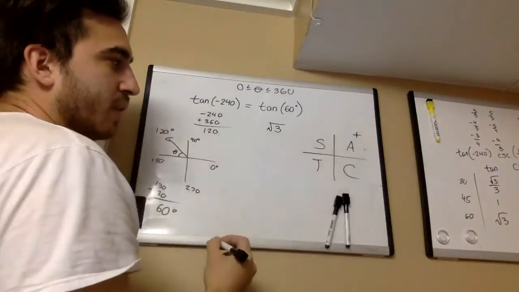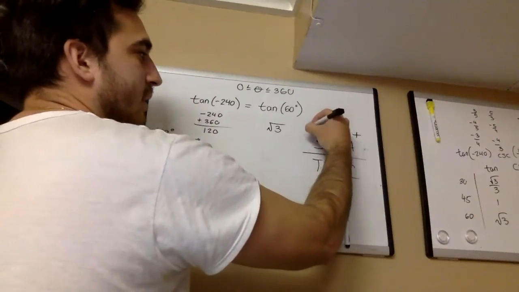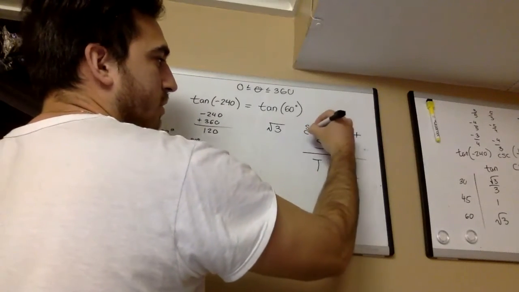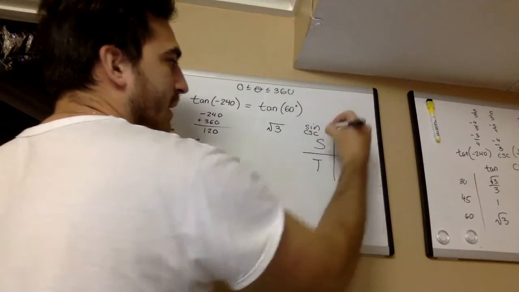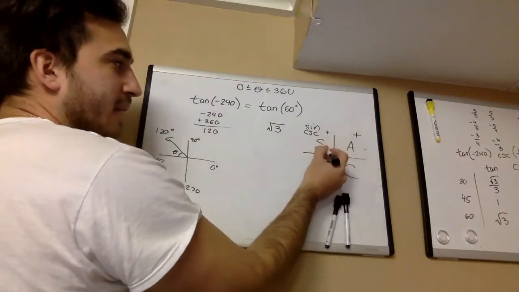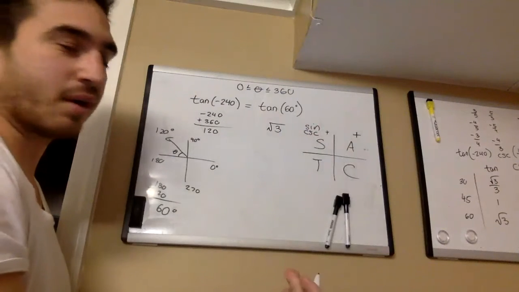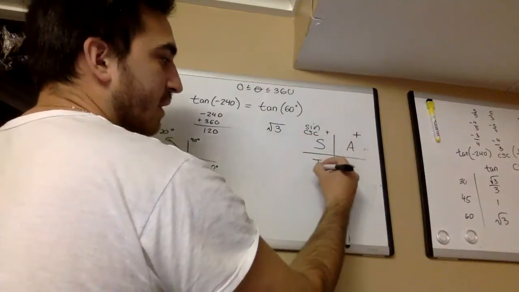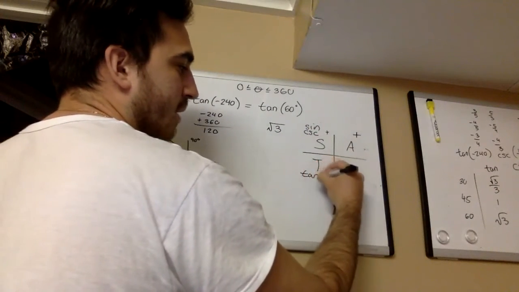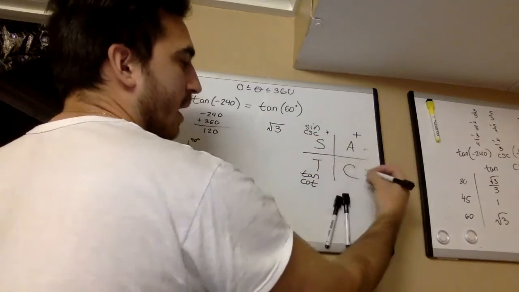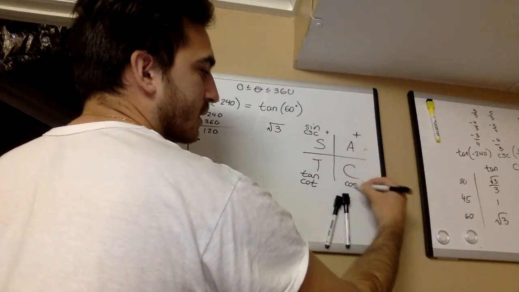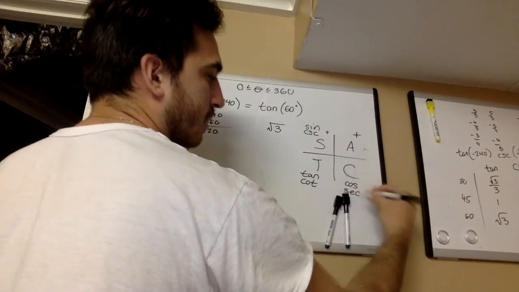For this quadrant over here, only sine and cosecant are going to be positive. You can remember that with S. S stands for sine, and then the opposite of sine is cosecant that we've done on previous homeworks. This one over here, since there's the T, it is tan, and then the opposite of tan is cotangent. And then over here, this is cosine because there's a C, and the opposite of it is secant.